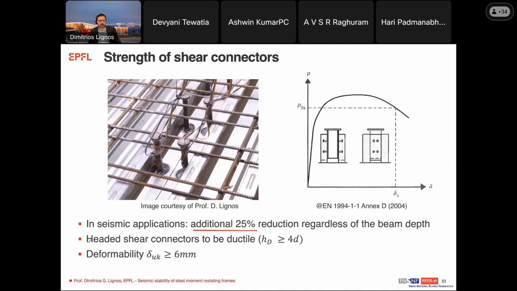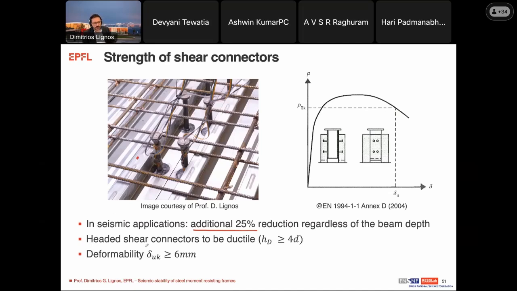Obviously, this rule is there for safety, but if you think about economy, that will increase the number of studs that you're going to have to use to achieve a certain degree of composite action. And of course, that will increase the cost, besides some practical matters that relate to the corrugated steel you may be using and the spacing you may have if you have a lot of studs.